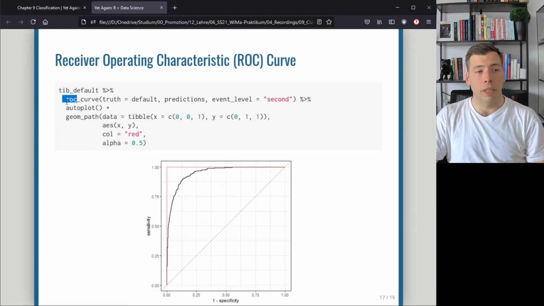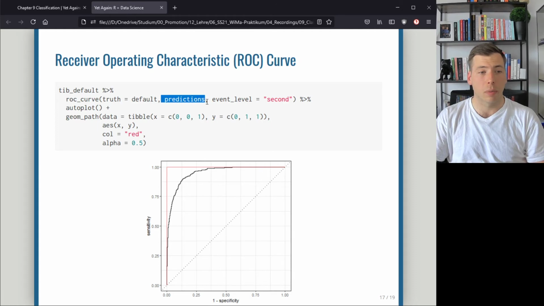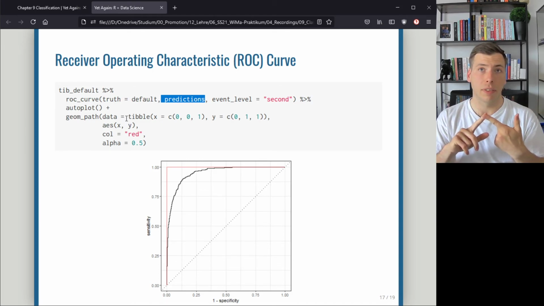with the yardstick package you can simply compute this curve. Here we have a data set which gives you the probabilities, and it will apply a lot of thresholds from 0 to 1 and see how sensitivity and specificity evolve.